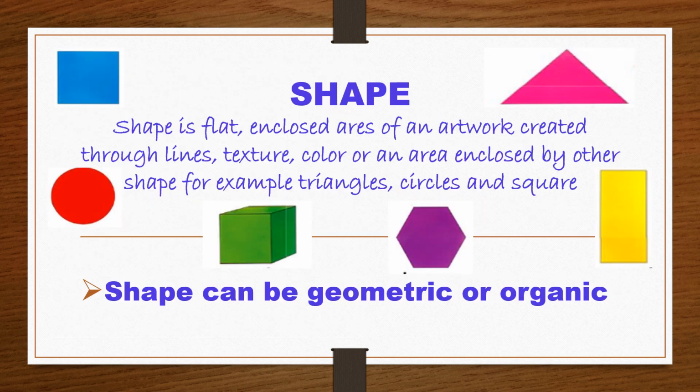Now comes shape. Shape is a flat enclosed area of an artwork created through lines, texture, color, or an area enclosed by other shapes, for example, triangle, circle and square. So you can see various shapes in the PPT. Now shapes are of two types, that is geometric and organic.